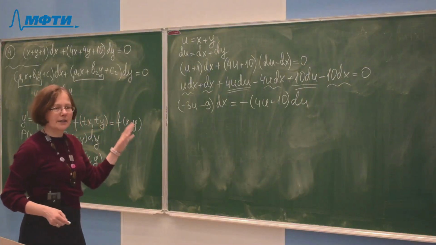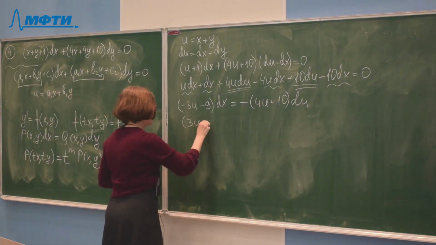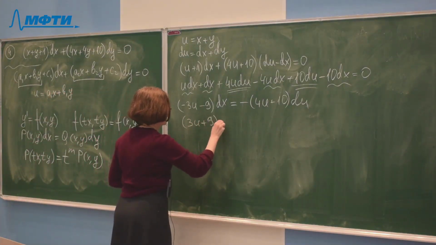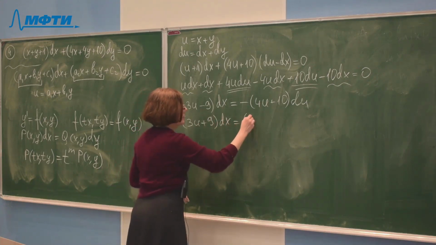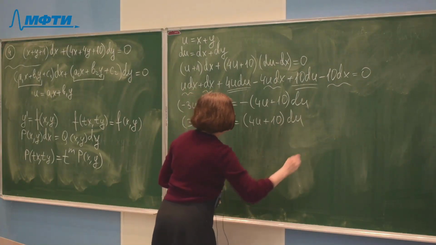Then let's multiply both sides by -1: (3u + 9)dx = (4u + 10)du.